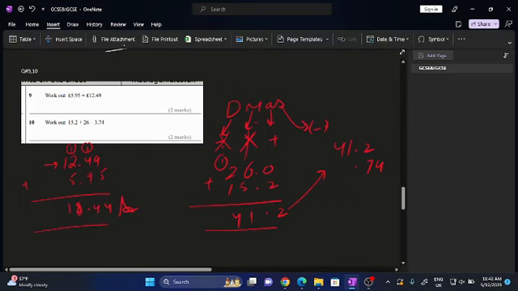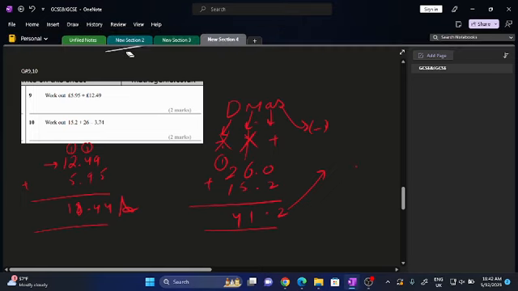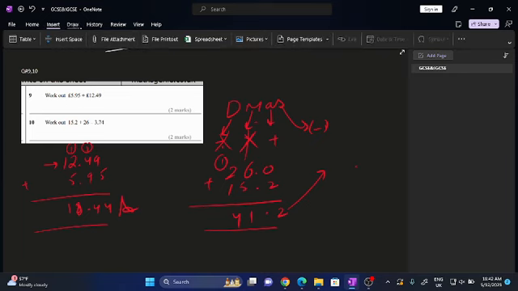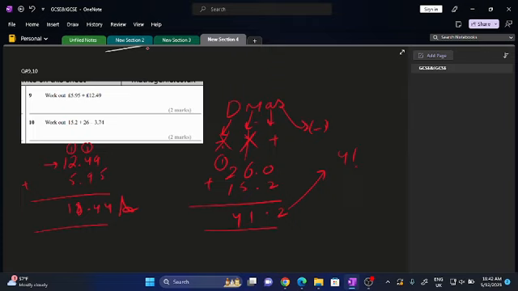Just give me a second to rewrite. 41.20, just in order to make the decimal points in line.